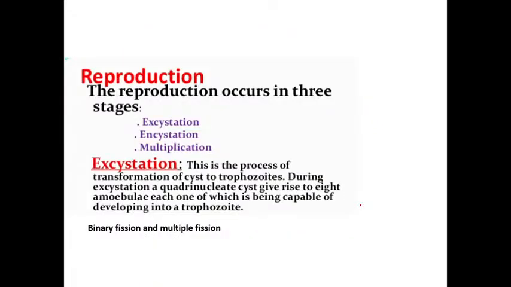Now coming to the reproduction or the life cycle of this parasite. The reproduction occurs in three stages: excystation, encystation and multiplication.